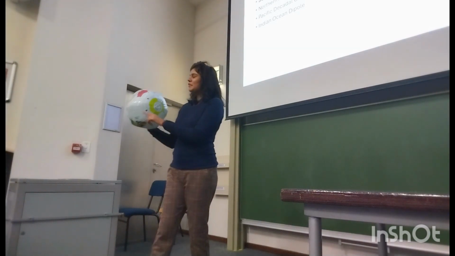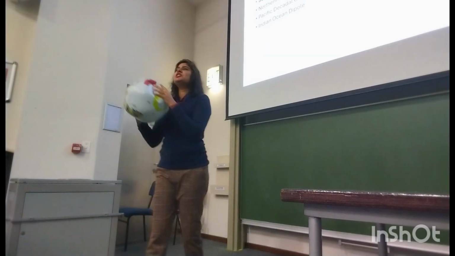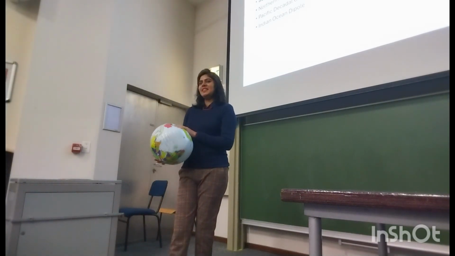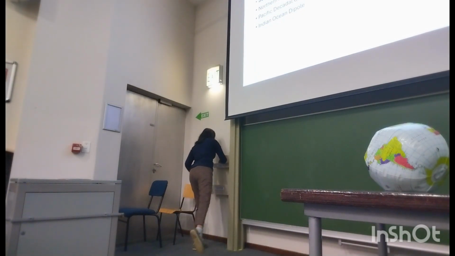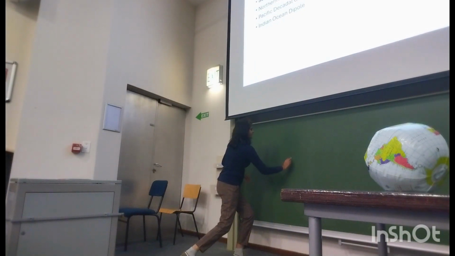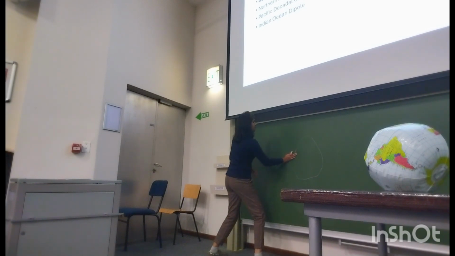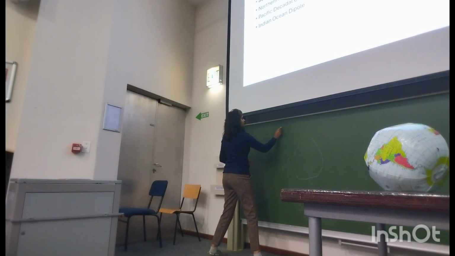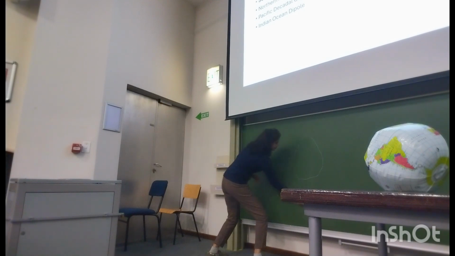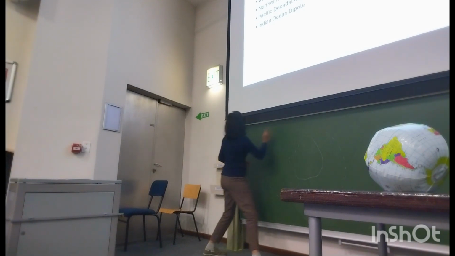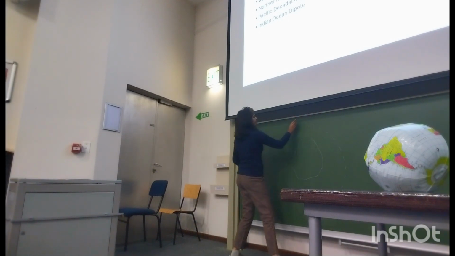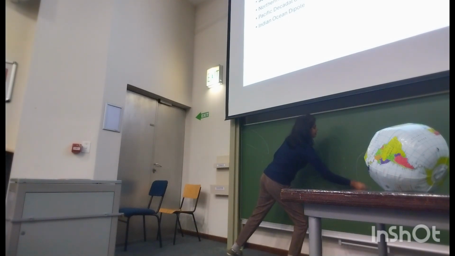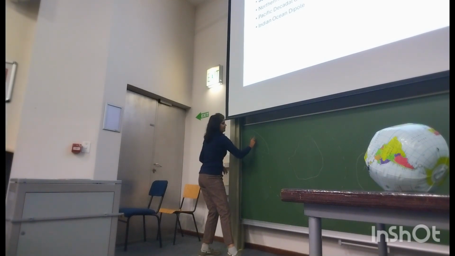So we have the roaring 50s, which are generally driven by these westerlies. Now, let's make a little map so that we understand what we're talking about. If we have Antarctica, it's going to be here. We'll pretend here is South America, South Africa is here, and Australia is here.